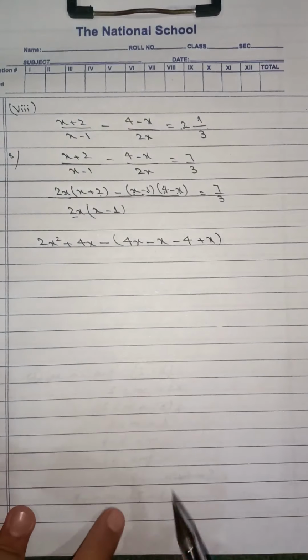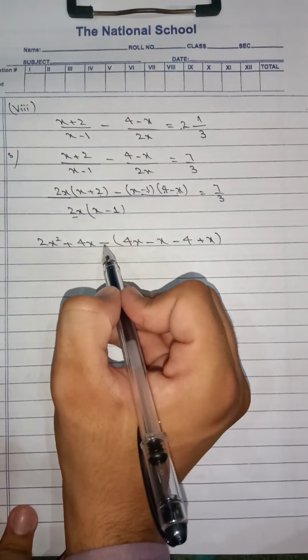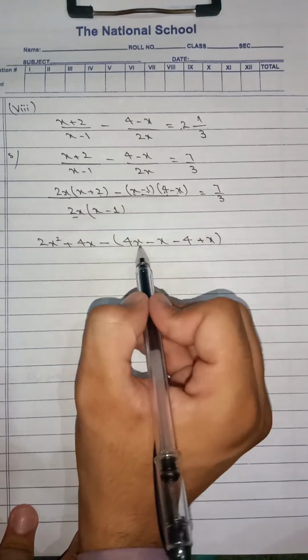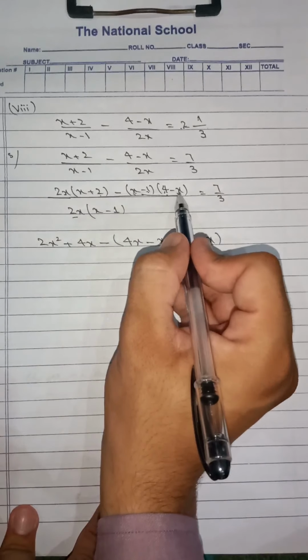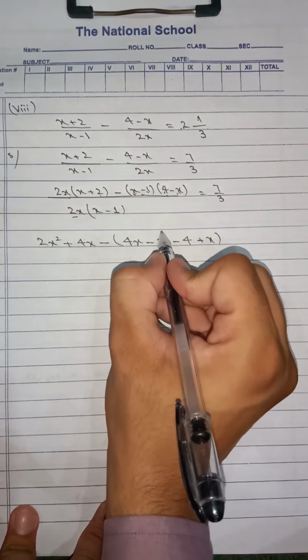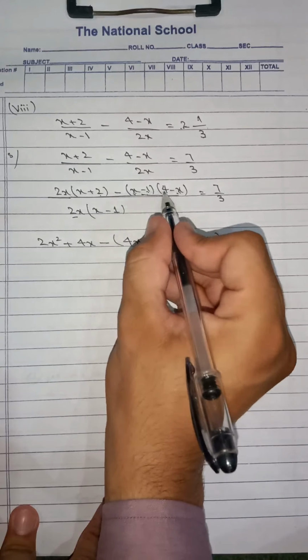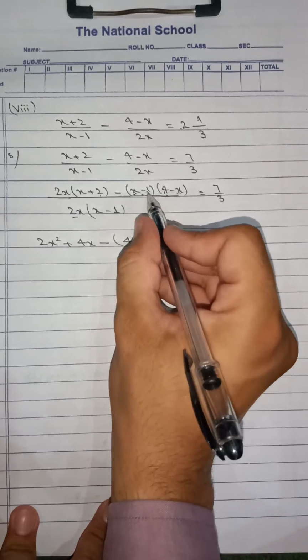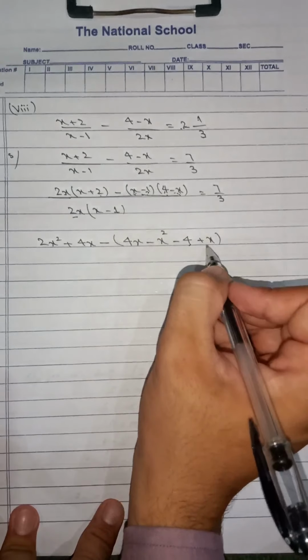See this multiplication again. Minus sign is outside the bracket. x into 4 is 4x, x into minus x will be minus x square. Minus 1 into 4 is minus 4, and minus 1 into minus x is plus x.